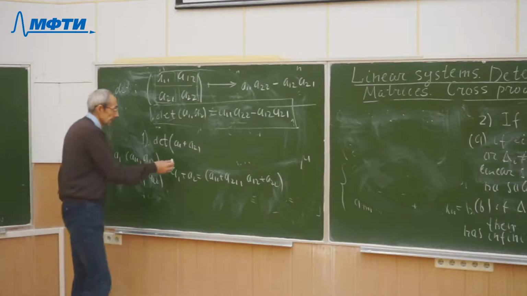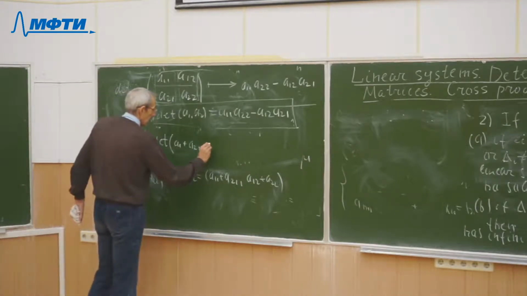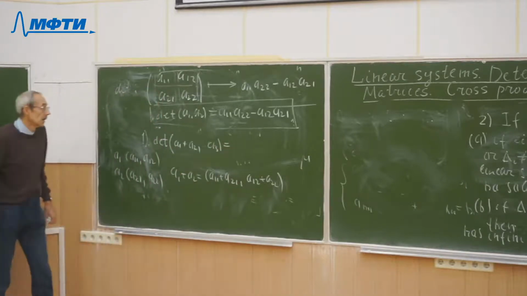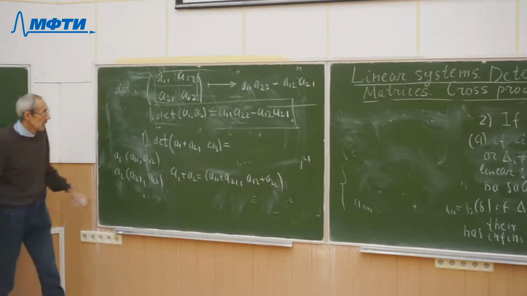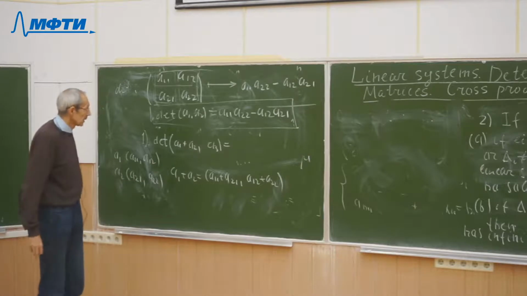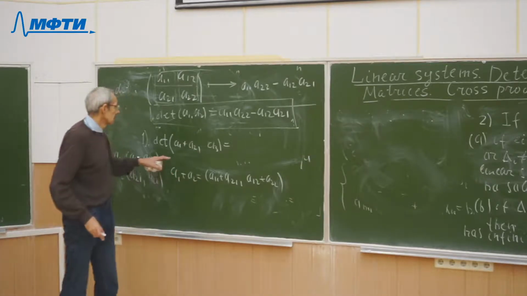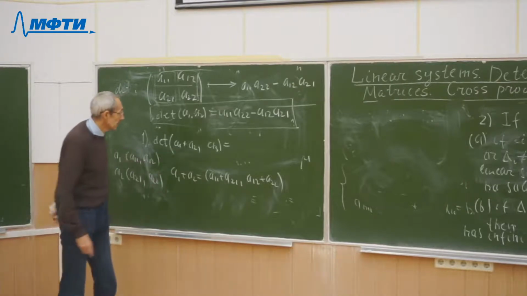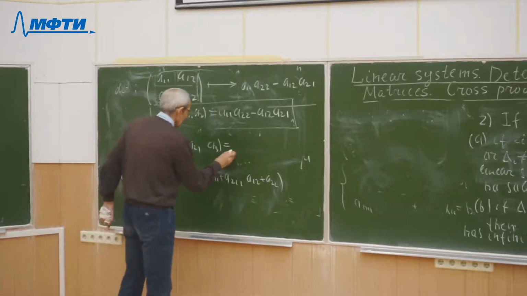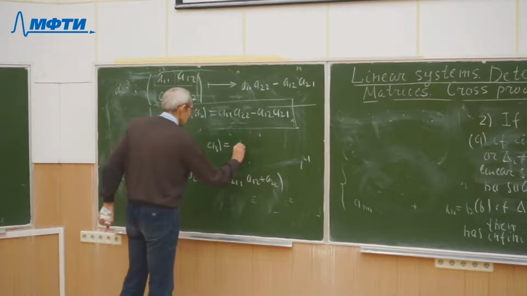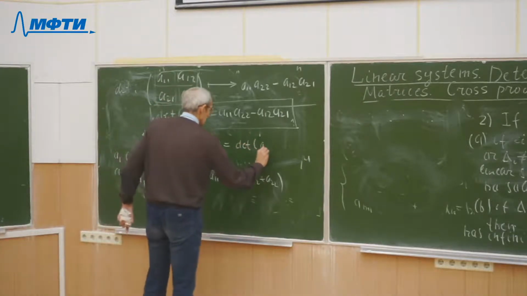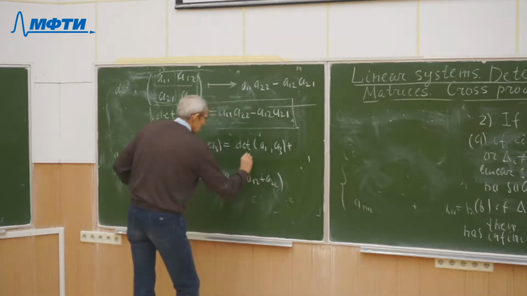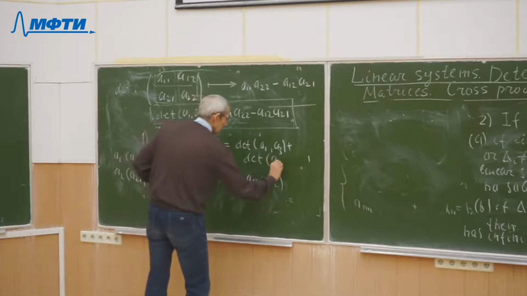And linearity means the following equality: the determinant of the sum A1 plus A2 and A3 is equal to the sum, determinant of A1, A3 plus determinant of A2, A3.